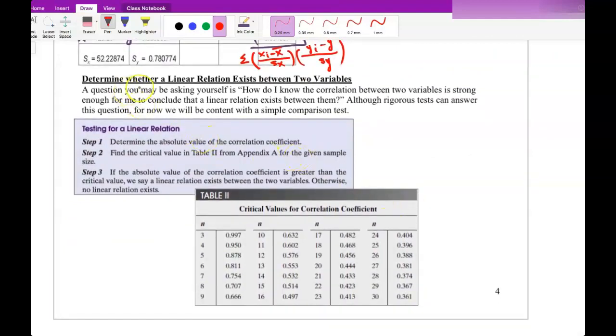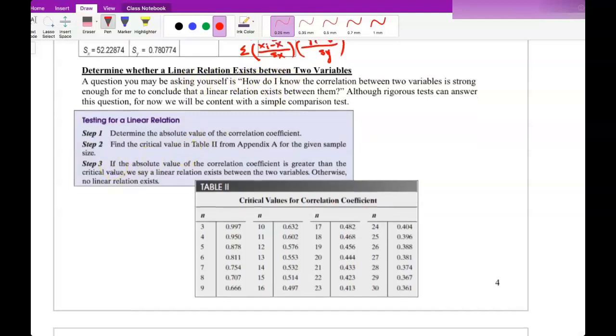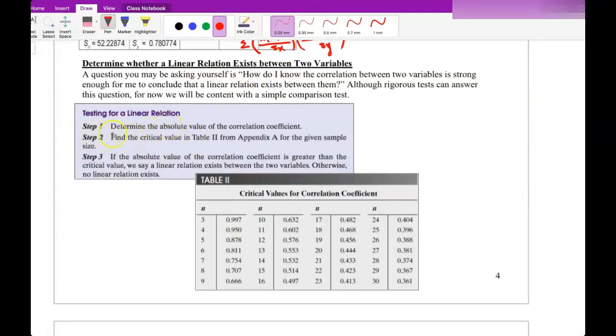Now on this one we should find if a linear relation exists between two variables. Testing for the linear relation. Step 1, determine the absolute value of the correlation coefficient. Step 2, find the critical value in this table here. That is from our textbook.